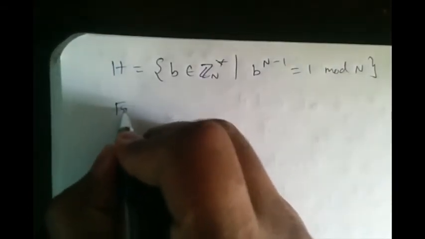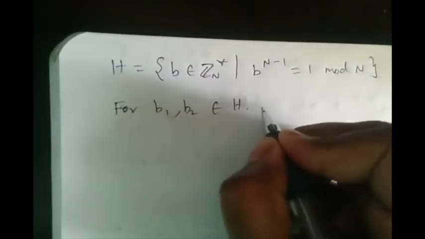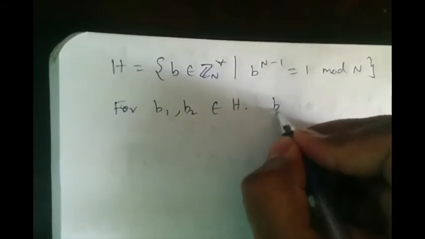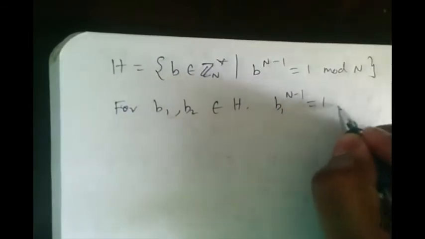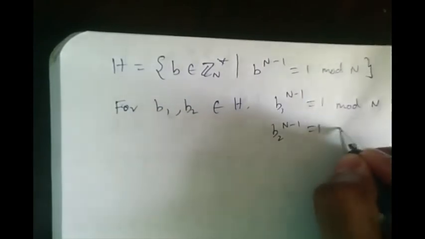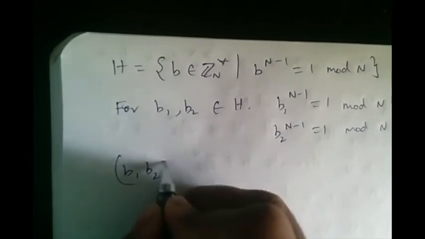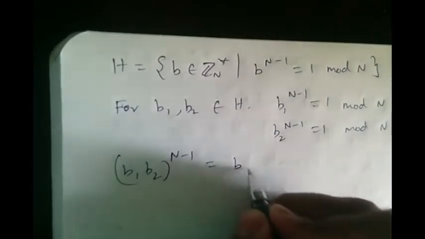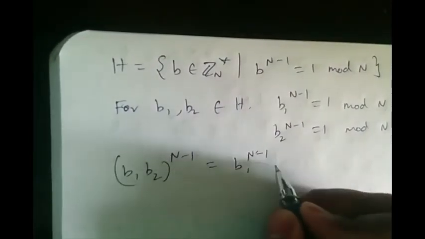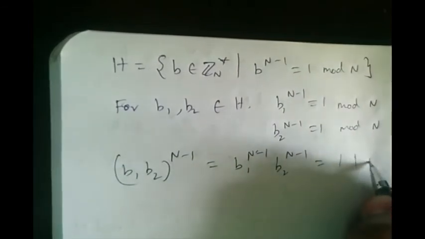So for B1, B2 in H, we have B1 raised to n minus 1 equals 1 mod n, and B2 raised to n minus 1 equals 1 mod n. So B1 B2 raised to n minus 1 will be B1 raised to n minus 1 times B2 raised to n minus 1, which is 1 times 1 mod n.